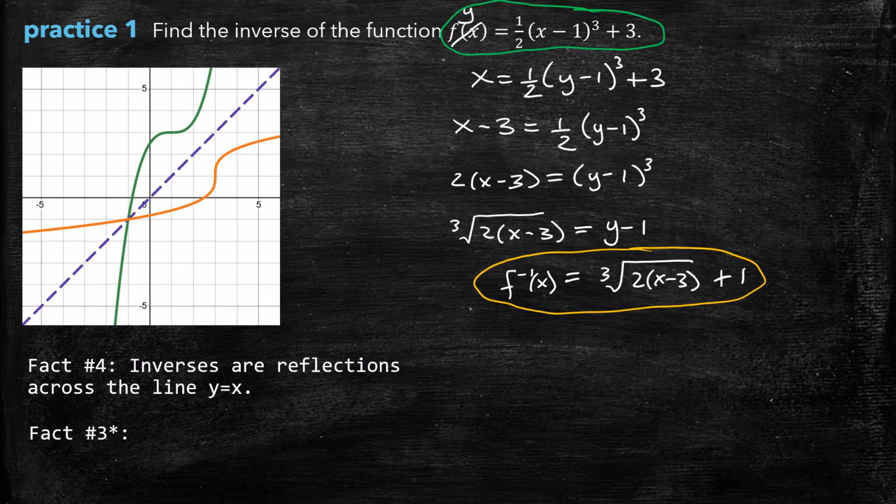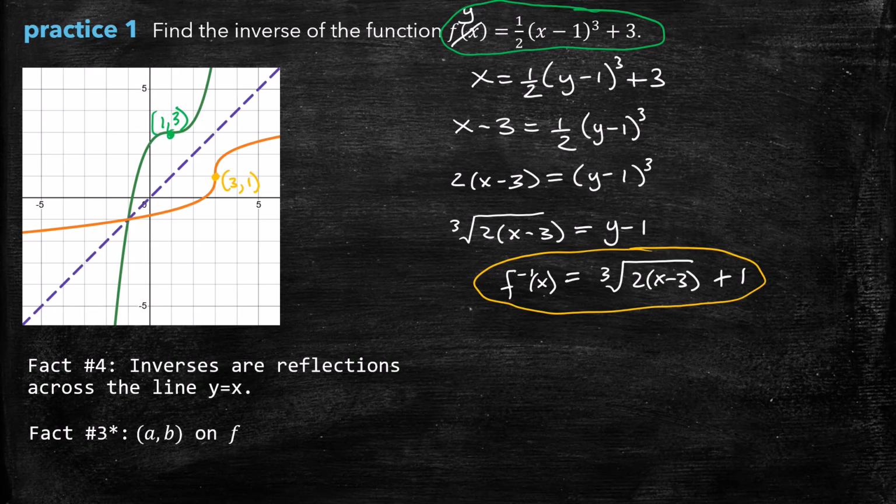So fact number 3, you will notice that if you take a point on the original function, so that is the point 1, 3, you will notice that on the inverse function, that's 3, 1, the same point with the x and y switched. Now, I know we've said that in various ways, but let me formalize that.